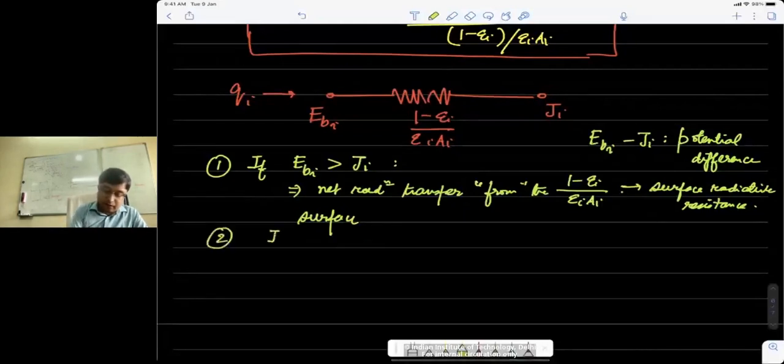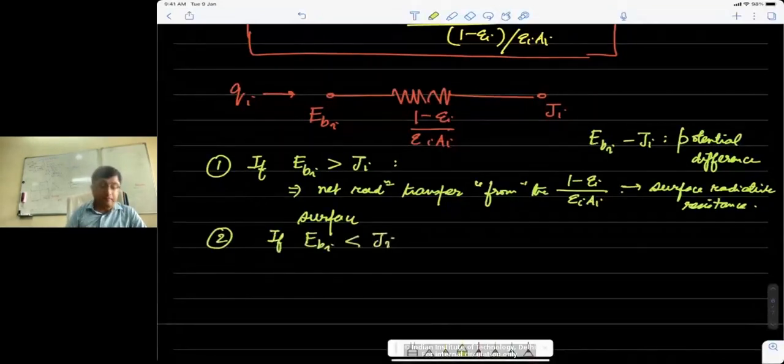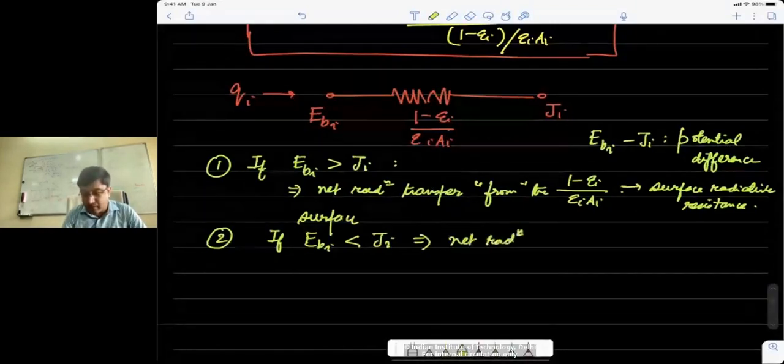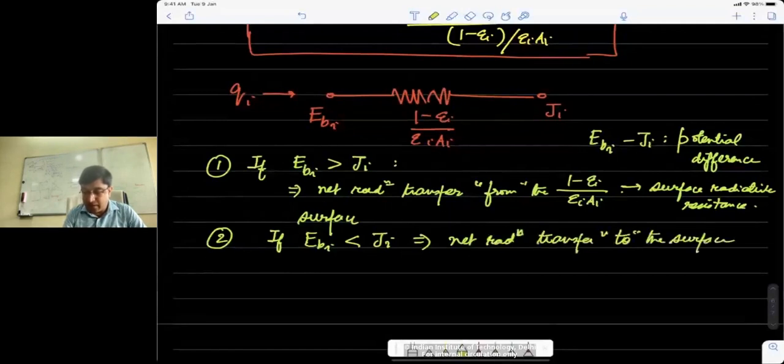Conversely, if E_b was less than J_i, then there is net radiation transfer to the surface, in which case you will have to keep removing this rate of energy coming into the surface to maintain its temperature at T_i.